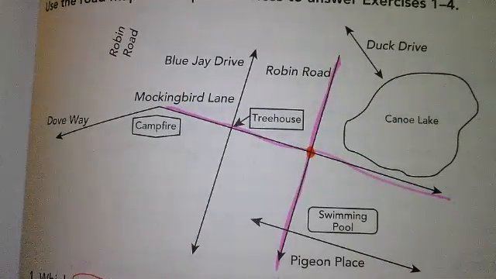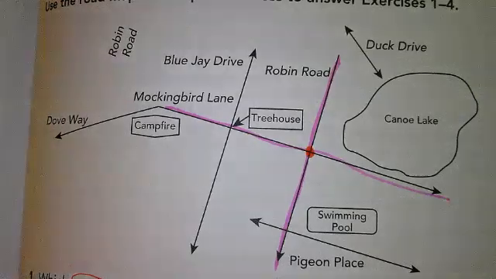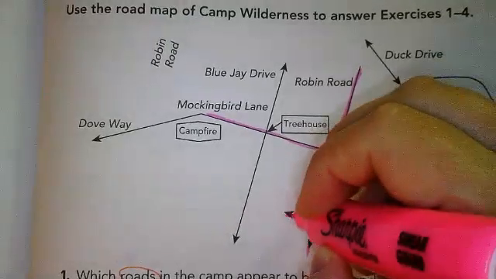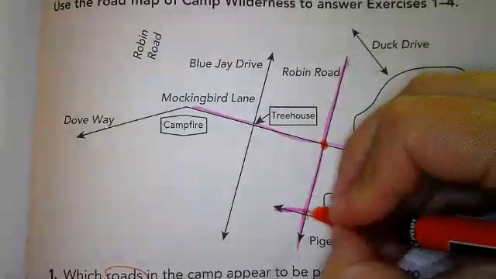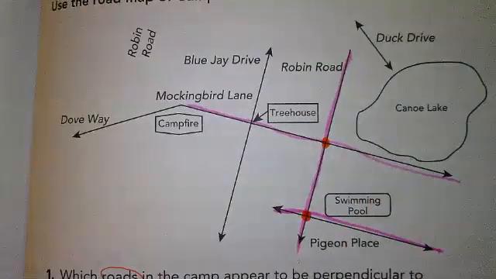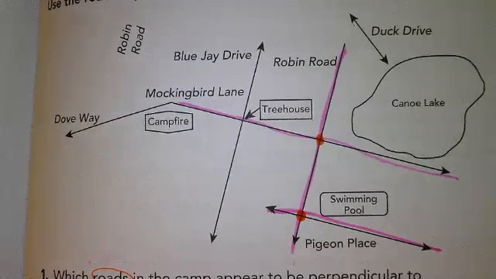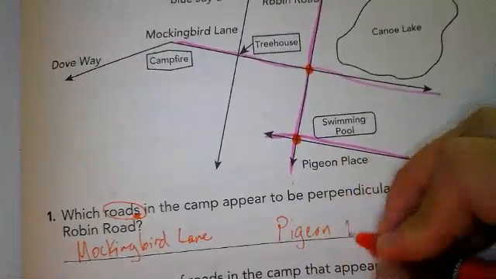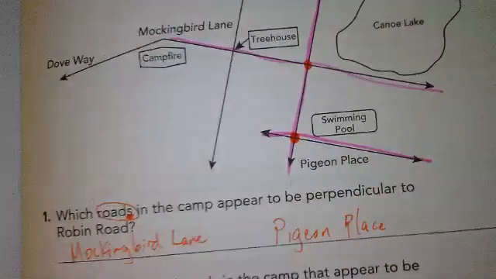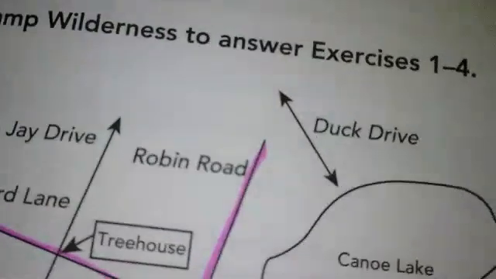Evelyn. Pigeon Place down here. Pigeon Place is down here. We can look at where they meet. They intersect right here. Does that look like 4 right angles? Yeah. Looks like 4 right angles to me, so Pigeon Place is the other one. Okay? So Pigeon Place and Mockingbird Lane both intersect with Robin Road.